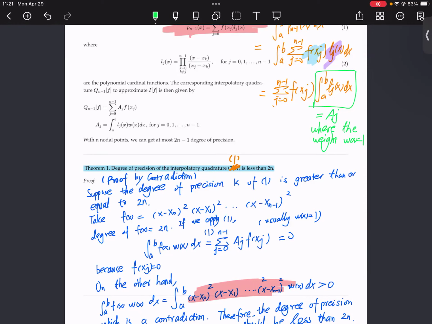This is the highest degree of accuracy we can achieve. So we first prove the highest degree of accuracy of this quadrature rule could be 2n minus 1.